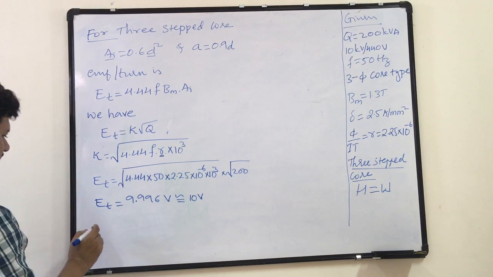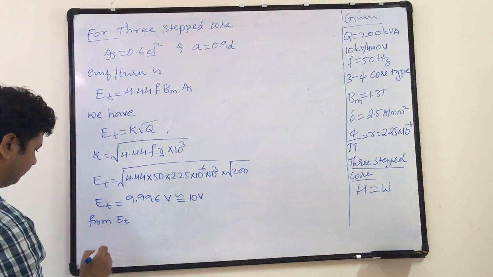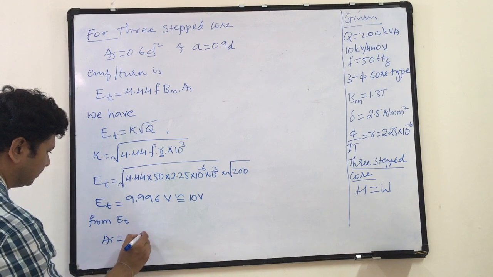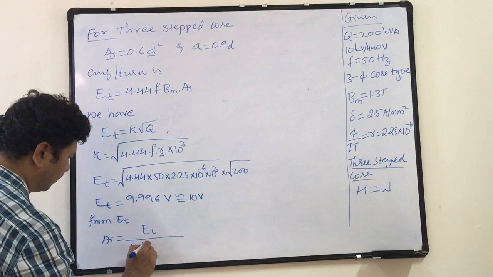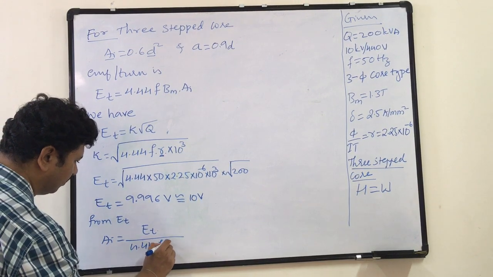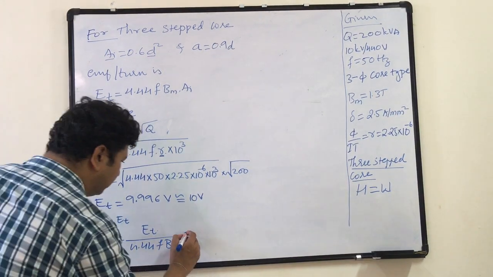So from ET, AI is equal to ET upon 4.44 F into Bm. So substitute the values.